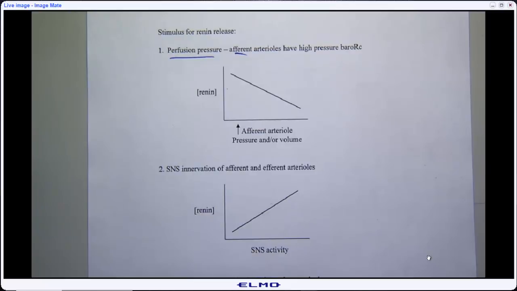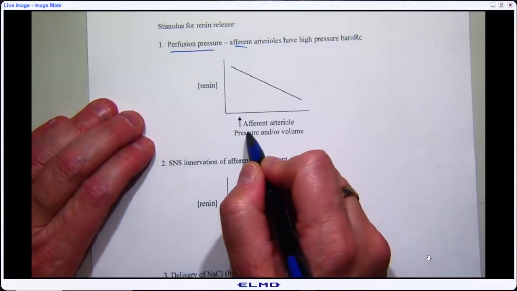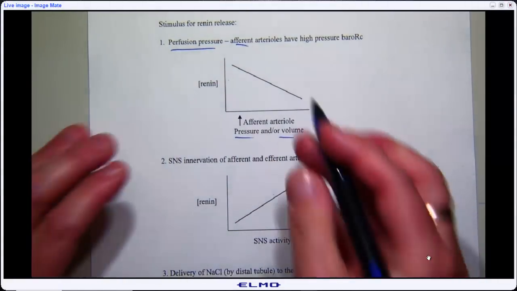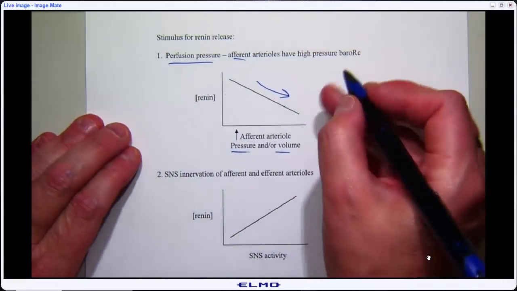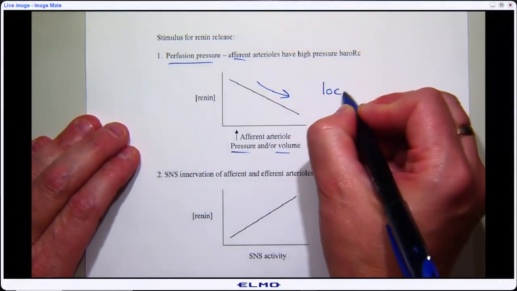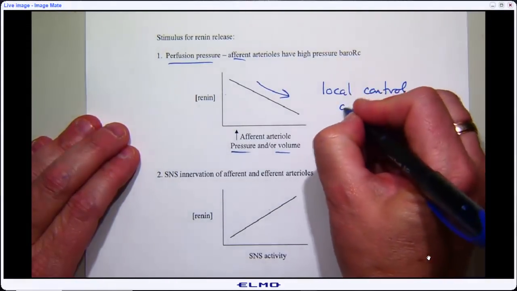We have baroreceptors in the afferent arterioles, such that if we were to increase afferent arterial pressure or volume, we would drop renin. Okay, so this represents a local control of renin release.